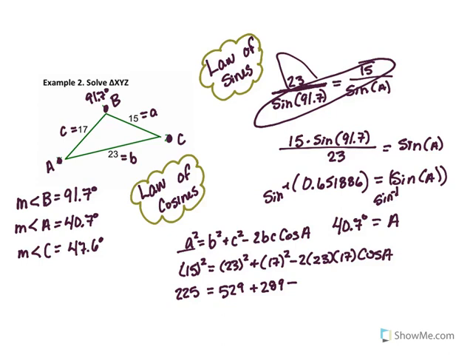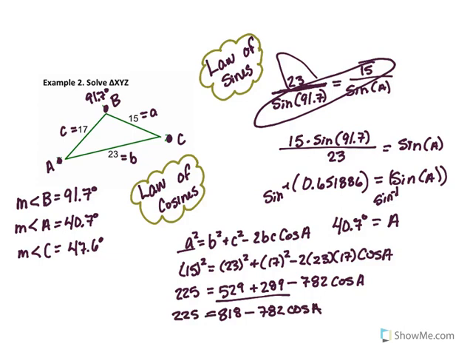Whoops. 782 times the cosine of A. I can go ahead and add these two things. So 529 plus 289 is 818 minus, we still have 782 cosine of A.